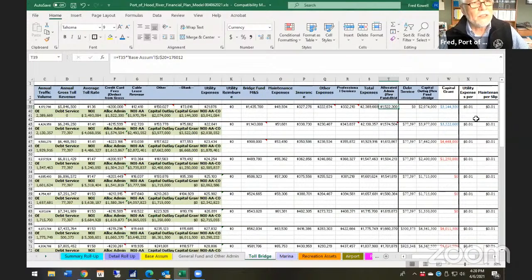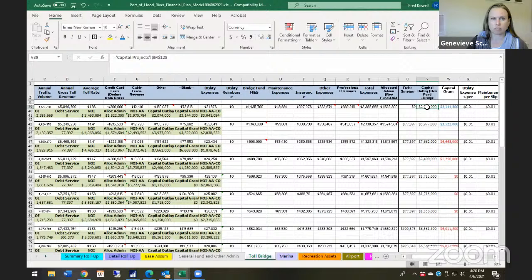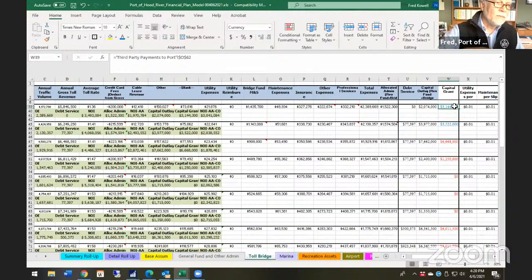And then you come into the latter part of the model, which pulls all your capital. This is all coming in from the capital worksheets, and if it's grants, it's coming in from your grants, or it could also be a piece of debt. So again, red is debt, blue is grants, and an off color, whether purple or green, is a combination of grant and debt.